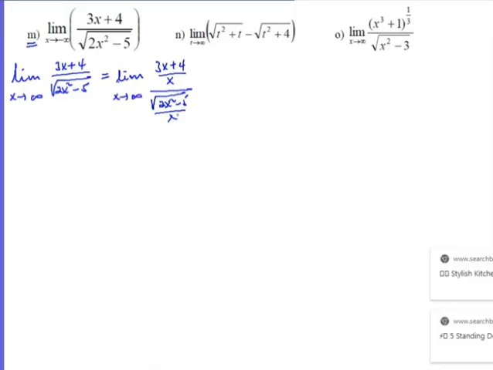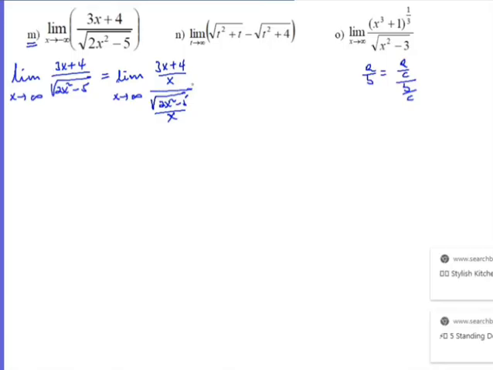These two are the same because a over b can be written as a over c over b over c. You can divide the numerator and the denominator by the same number, so it is equivalent.